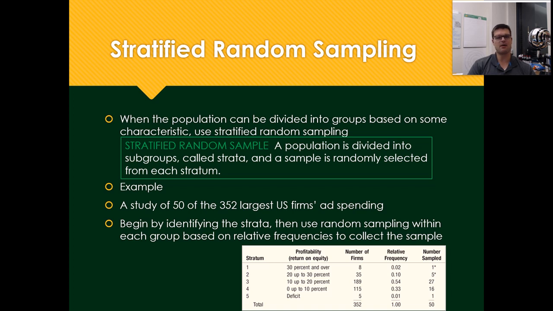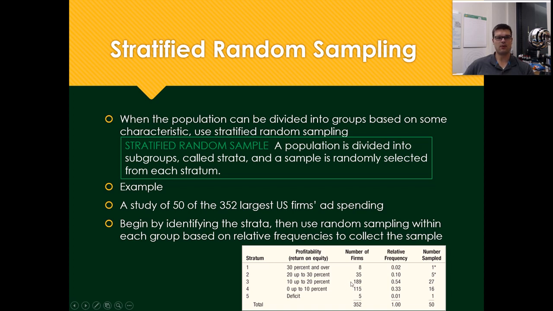These could be marketing firms. There's 5 marketing firms that have a deficit. There's 115 marketing firms that have 0 to 10% profitability. There are 189 firms with 10 to 20% profitability, and so on and so forth.